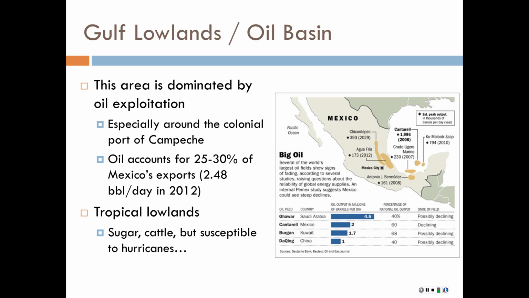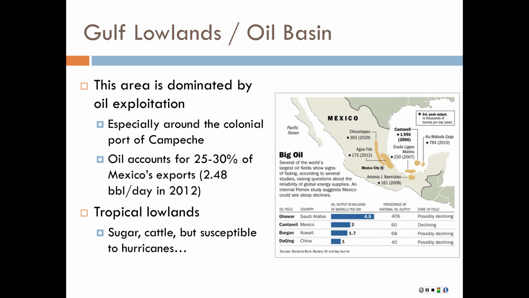The humid Gulf lowlands and the oil basin are areas that are dominated by oil exploitation. Admittedly, this graphic is a couple years old now, but it shows the development of oil around the colonial port of Campeche. Keep in mind, a lot of Mexico's economy relies on oil. There's almost 2.5 billion barrels of oil per day as of last year, 2012.